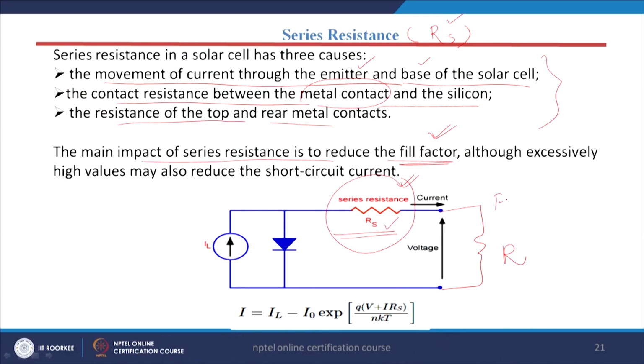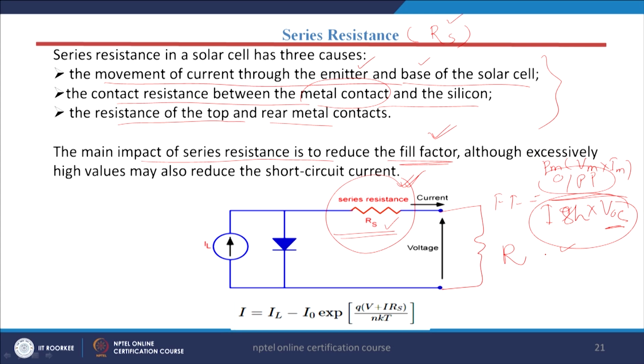The fill factor is a ratio: the output power, P max, which is V max into I max, divided by the short circuit current ISC into the open circuit voltage V open circuit. So, this ratio is known as the fill factor. Due to the presence of this series resistance, the fill factor will be reduced.